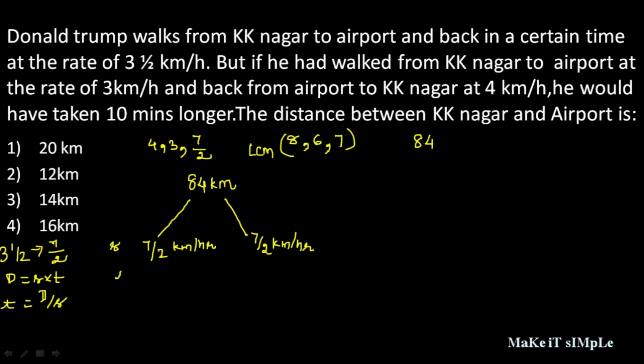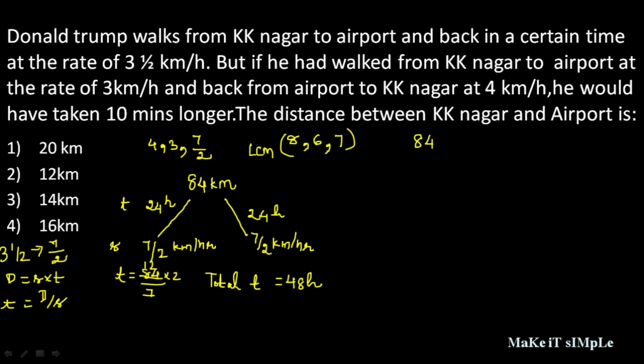Time is 84 divided by 7/2, which is 24 hours. Here also 24 hours, so the total time in the first case is 48 hours.